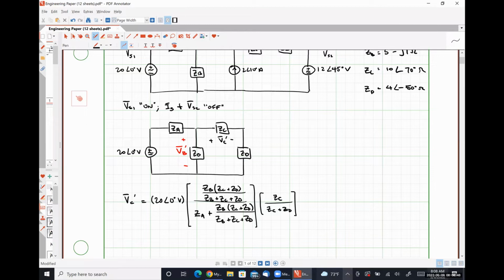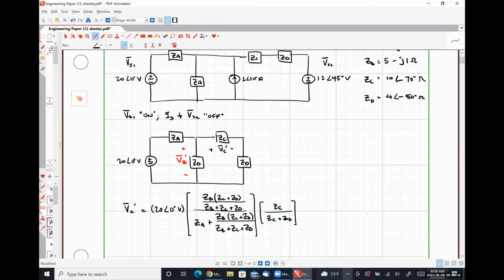Okay. So let's take a moment, or actually several moments, given how complex this is, to evaluate our numerical result here. How I would approach something like this would be to store all of those impedances A, B, C, and D in my calculator as literally A, B, C, and D, so that I don't have to do all that much bookkeeping and typing that kind of stuff in, and then allow the calculator to do the majority of the heavy lifting.